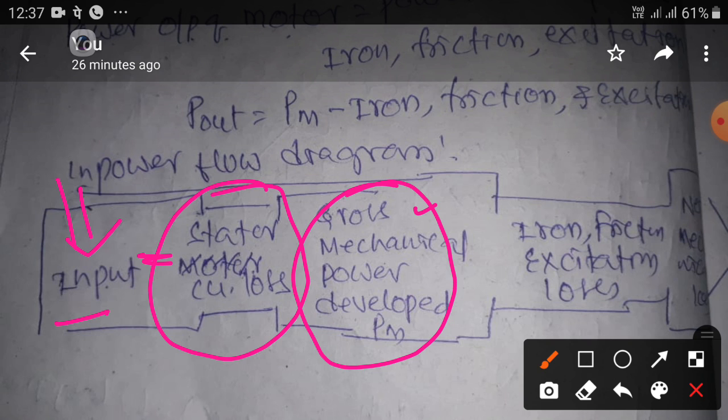The stator output is the rotor input, that is PM. From this we subtract the excitation losses, iron losses, friction and windage losses, and some part of the copper losses from the rotor input. Then we get the final net output, which is the mechanical output.